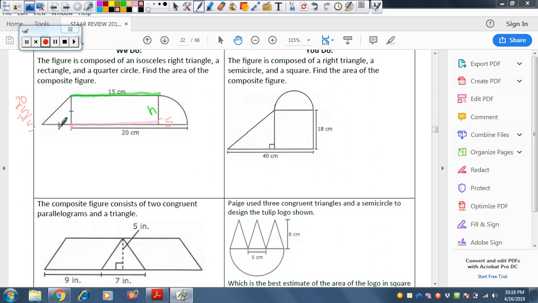And if this is 5, this is 5, and this is 5. That's what those tick marks mean, those little tiny marks. That tells you that this side and this side are the same. So that means this is 5. So radius is 5. Height is 5. Base 1 is 15. Base 2 is 20.